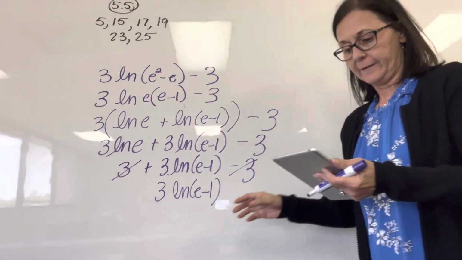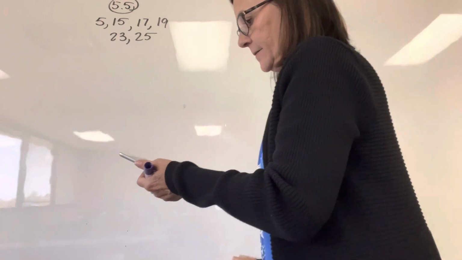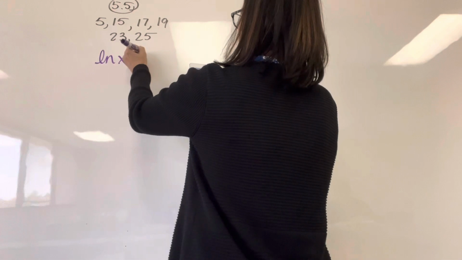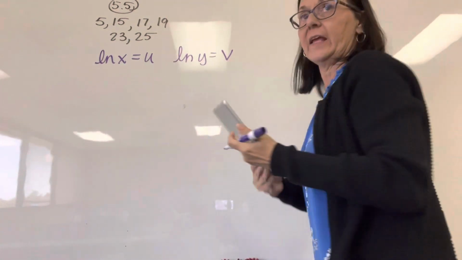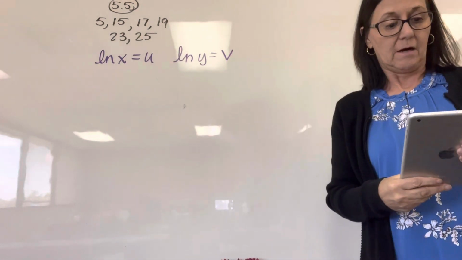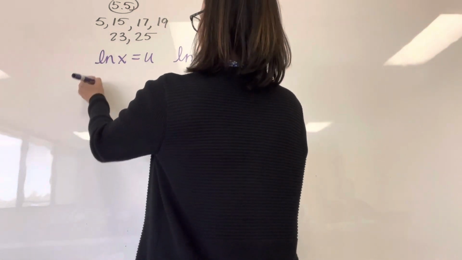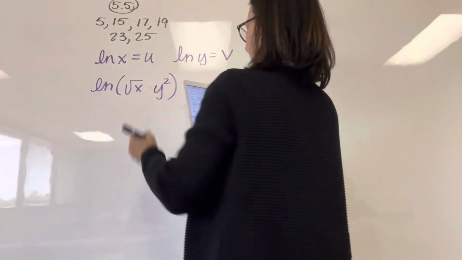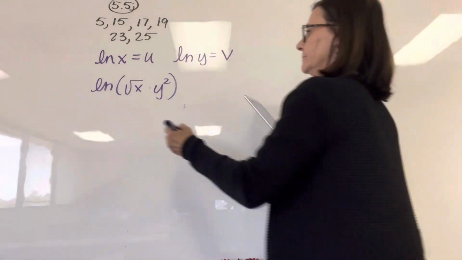All right, 23 and 25. Look what 23 and 25 tell us. We're going to substitute. Where we have the ln of x, we're going to substitute u. And where we have the ln of y, we're going to substitute v. So 23 is the ln of the square root of x times y squared. Multiplication is addition.